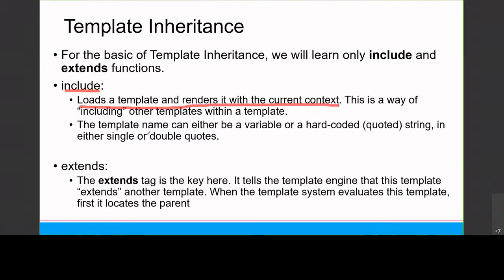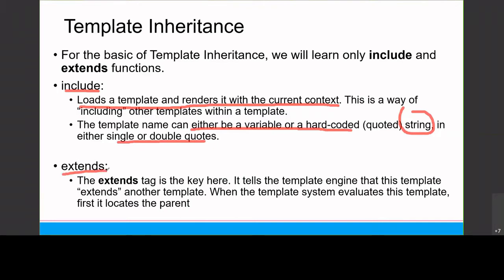So we want to load the template. Template means view, okay? And then we want to include a template within a template. So we need to include one HTML file, and then we include another HTML file inside. The template name can either be a variable or hard-coded. Hard-coded means you put in a string, either in single or double quotes. We will see this one later.